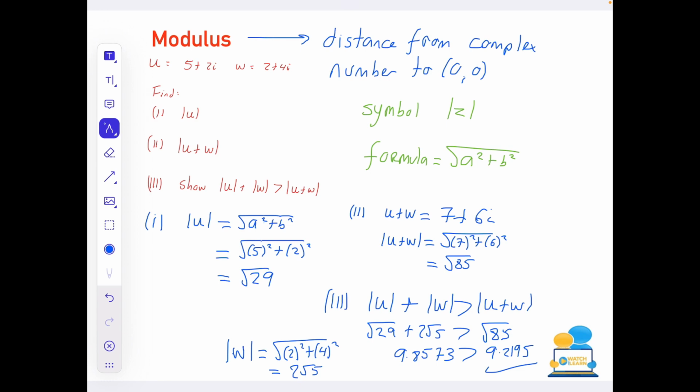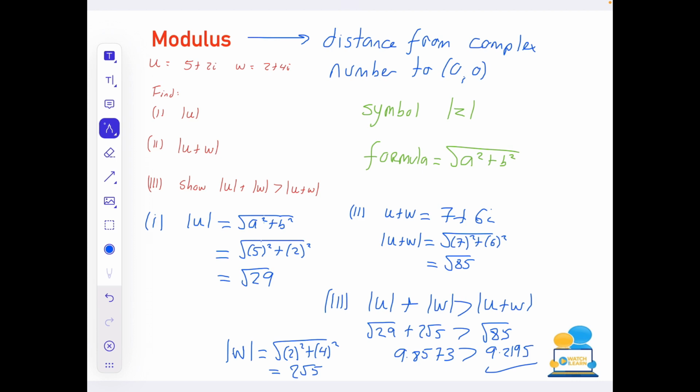Here you can write a short conclusion that will work for everything: therefore, we have shown that, and then just repeat the question: the modulus of u plus the modulus of w is greater than the modulus of u plus w. Those proving or showing questions are not any more challenging. I think it's just the way they are phrased sometimes that causes a bit of confusion.